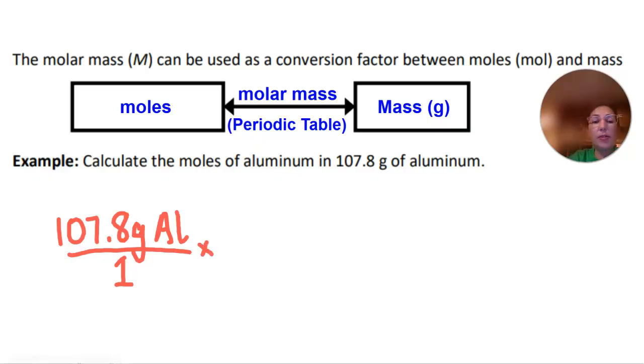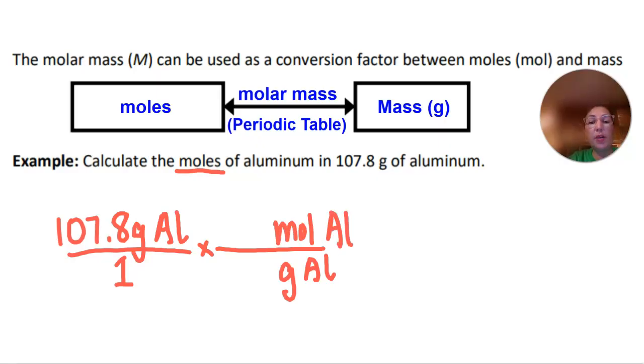Now I'm going to just, on autopilot, bring down my units, grams of aluminum. And I don't want to be in grams anymore. I want to get to moles. It says calculate the moles. So I want to be in moles of aluminum.